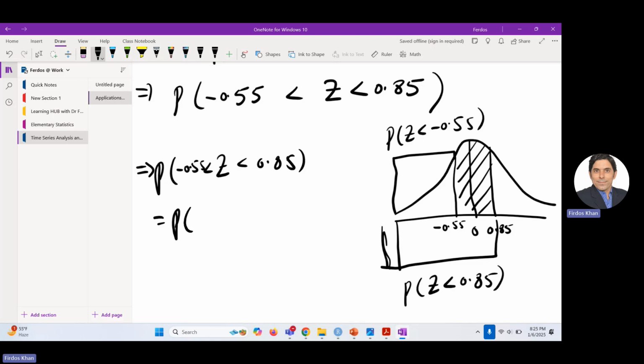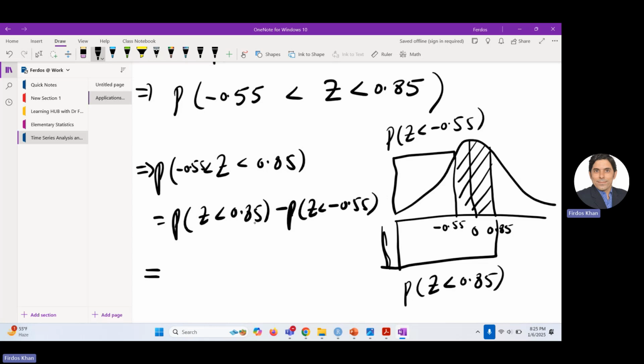This is equal to the probability of z less than 0.85 minus the probability of z less than minus 0.55. I hope you understood this. This calculates the whole area until here, and then you calculate this area until this point. Subtract this from this one, and you will get the desired probability.